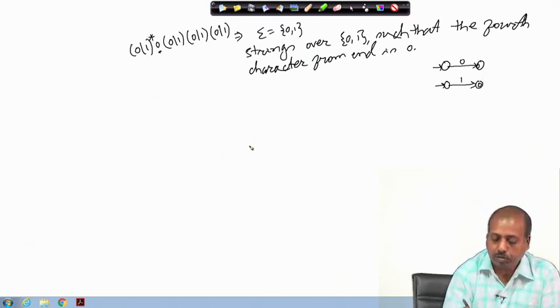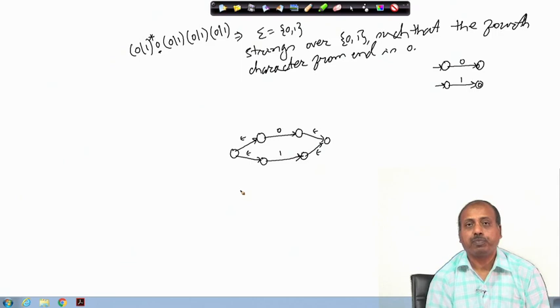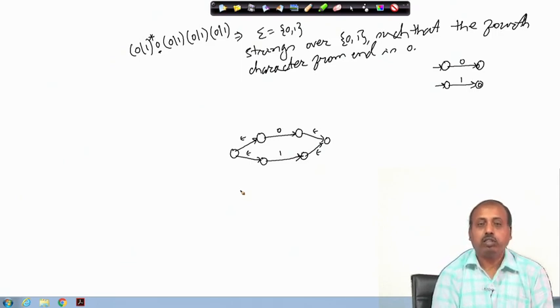This is on 0 and this is on 1. So, we have to add one state before this, so that there are epsilon transitions, and then one state after this, and these are also epsilon transitions. So, this is the part of the NFA corresponding to 0 or 1.